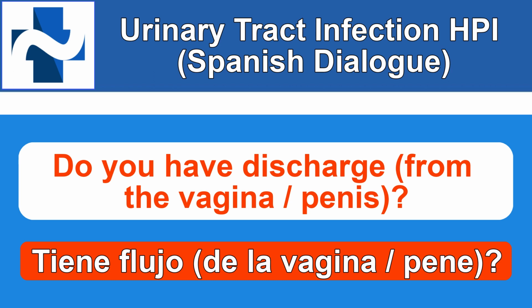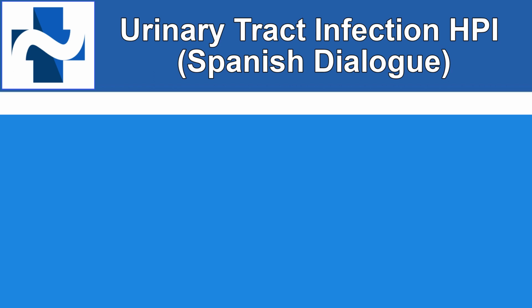Or you would say, ¿tiene flujo del pene? So I went ahead and divided that up. It should be obvious that you're just going to pick one or the other.